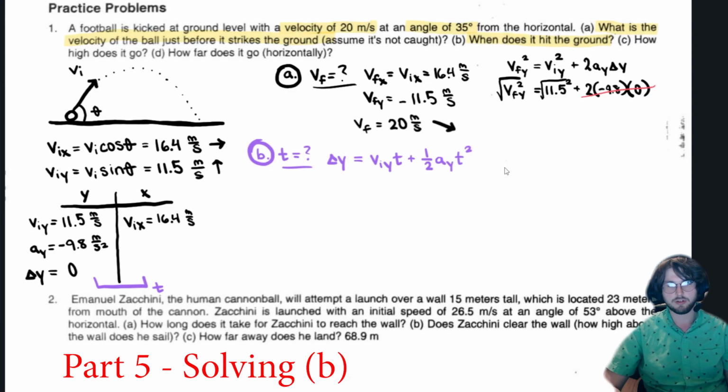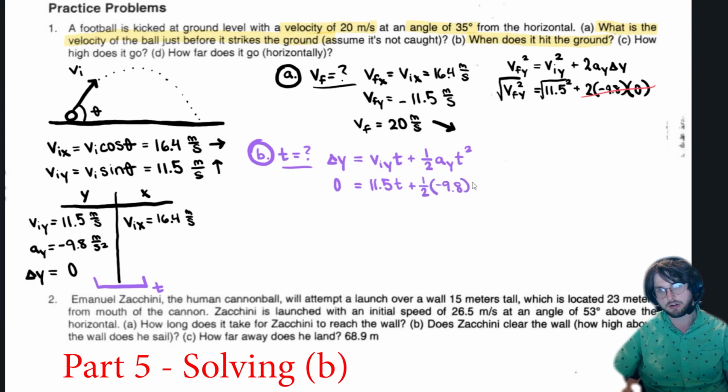All right. And now if we go ahead and plug in stuff for that, we should end up with, and I'm going to write it down here, 0 equals v initial y, which is 11.5, times t plus 1/2 times negative 9.8 times t squared. Cool.